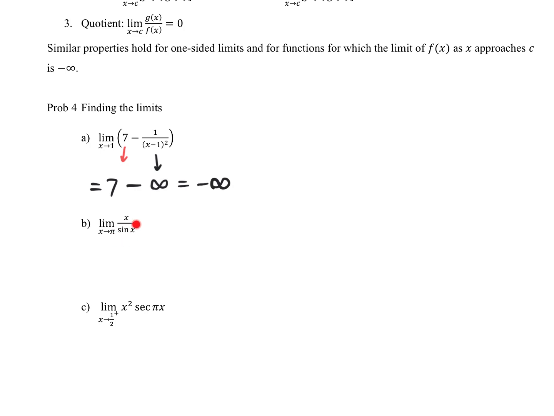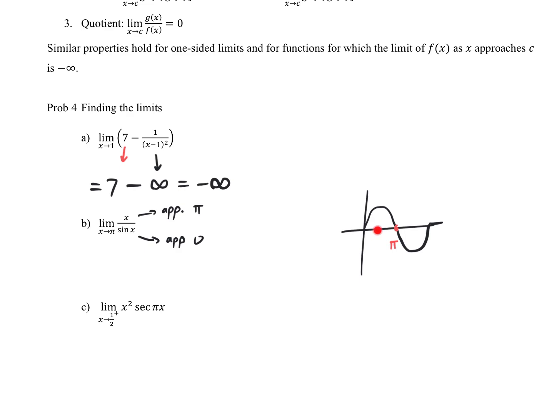Now for the second one, x is approaching pi, and the numerator is approaching pi, and the bottom one is approaching 0, since sine of pi is 0. However, we have to be careful now. If you remember the graph of sine, this is the pi.